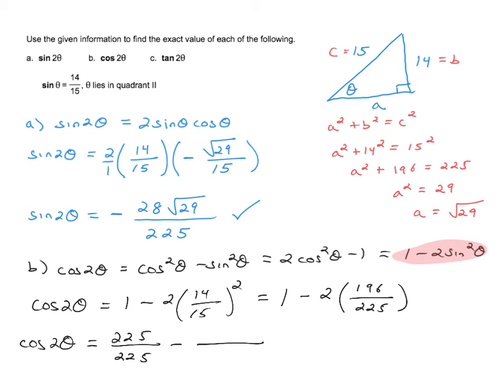I'll multiply the 2 other fractions together. When I do that, this is 225 and 392 for the numerator. So here, I just multiplied this into one fraction and rewrote one as 225 over 225, so I could subtract them. 225 minus 392 is negative 167.